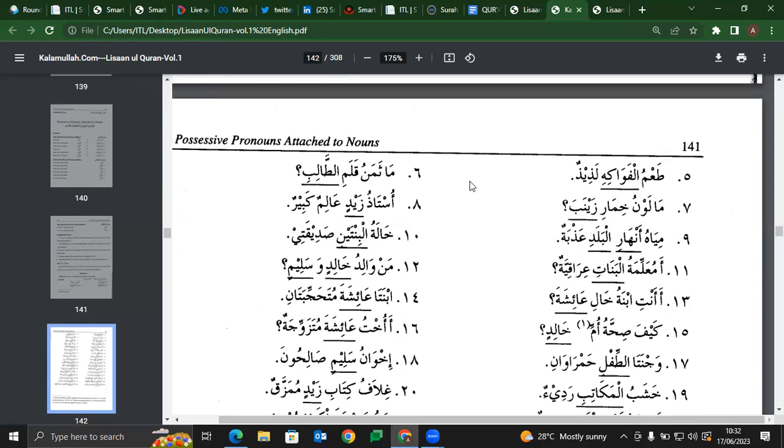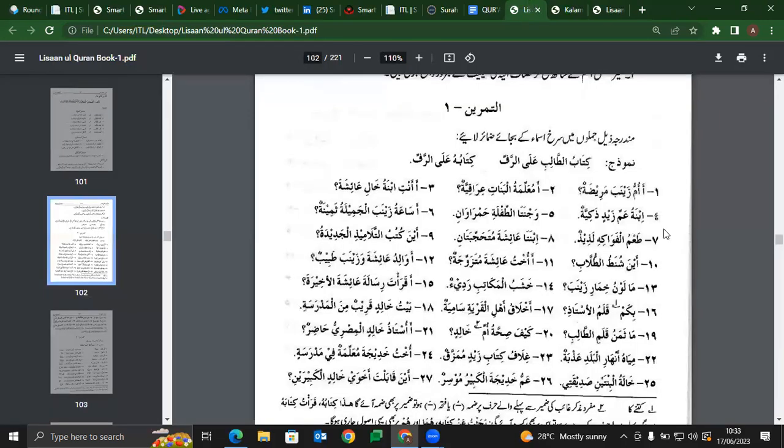You see, now I'm of the opinion that this ha is referring to another thing, maybe a garden or a person or something like that. So it should be, I think, ta'amul fawaki lazizun. That will be better, because now this sentence, I don't find it correct. It's the same way: ta'amu fawaki.